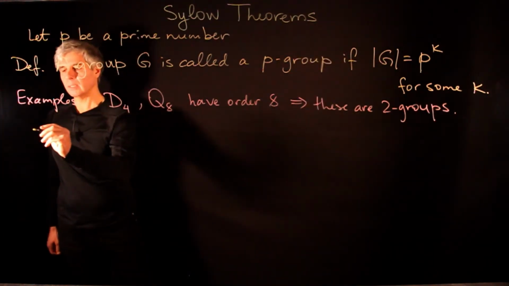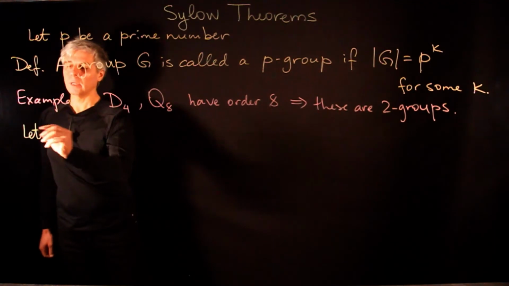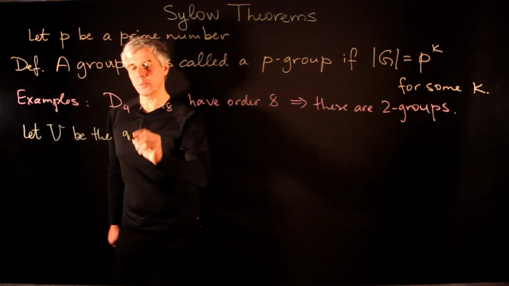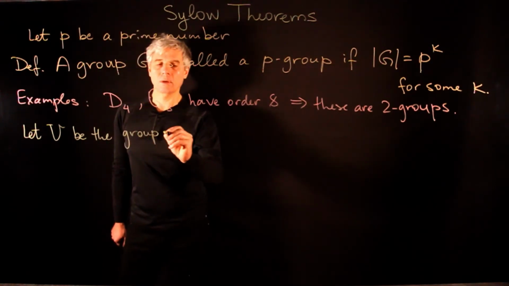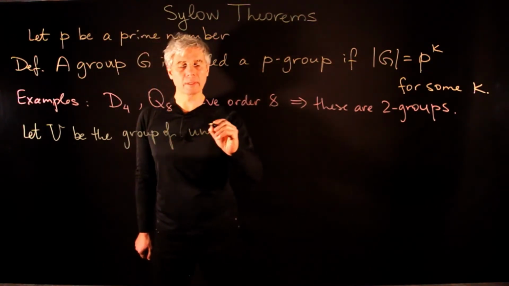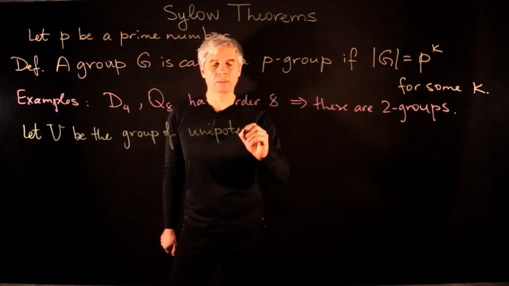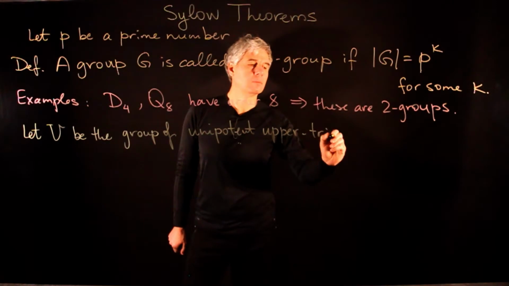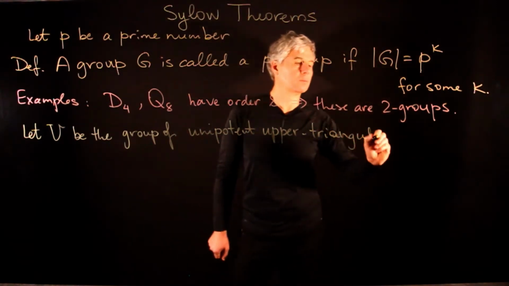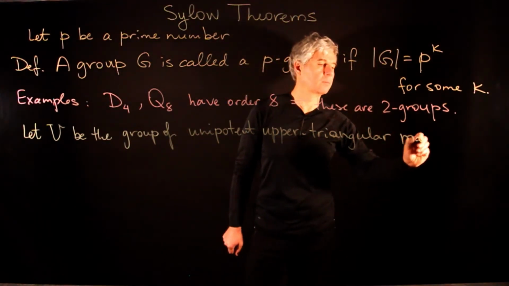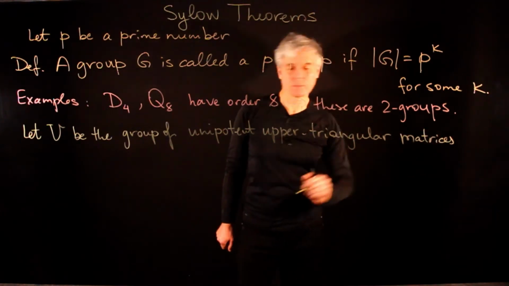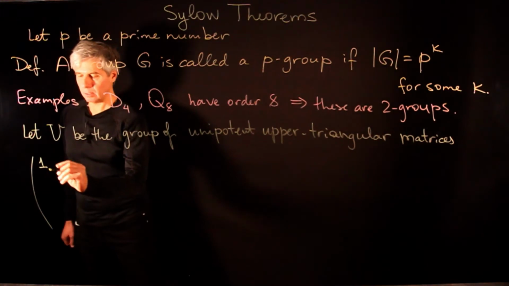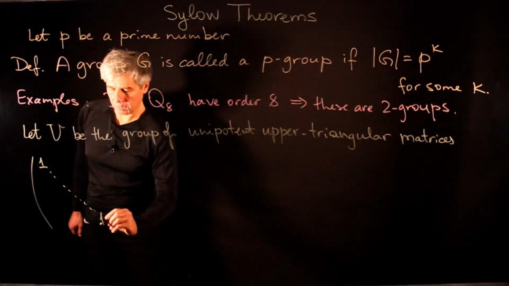As another example, consider the group of unipotent upper triangular matrices. So this is the set of matrices of the following type.